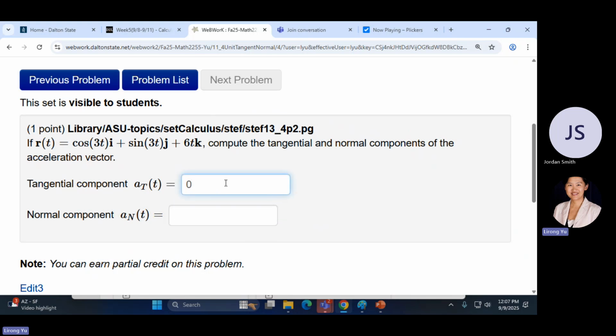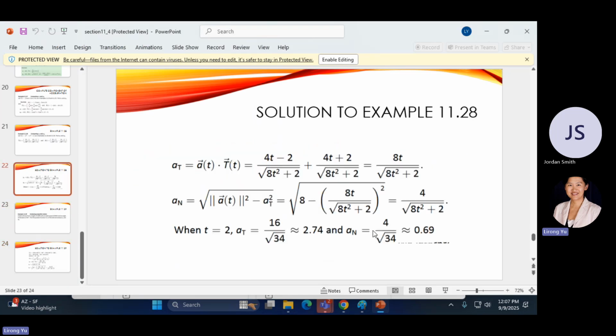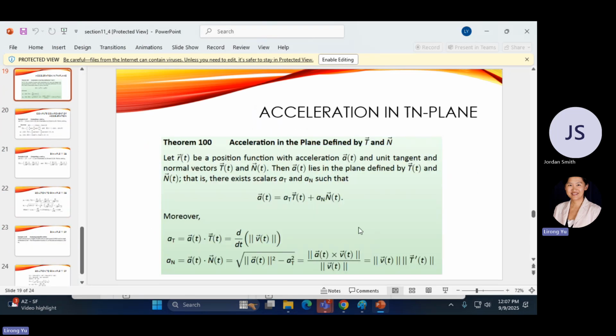But since AT equals 0, we can understand the AN is all the magnitude. Go back over here for the decomposition. Now it turns out AT equals 0, so this part equals 0, so A vector equals AN times the unit vector N. So then the AN is the magnitude of the acceleration, right?